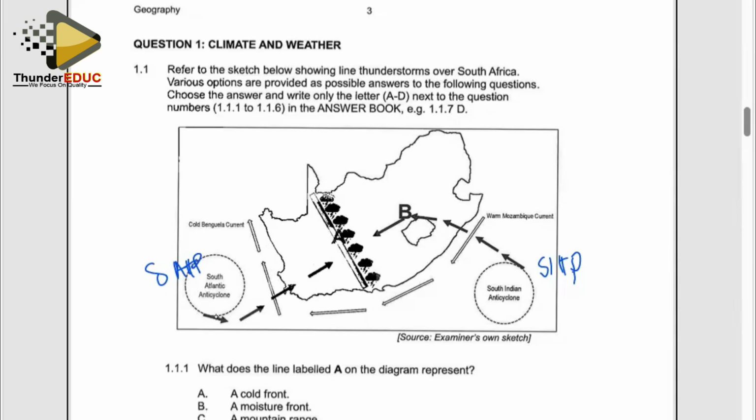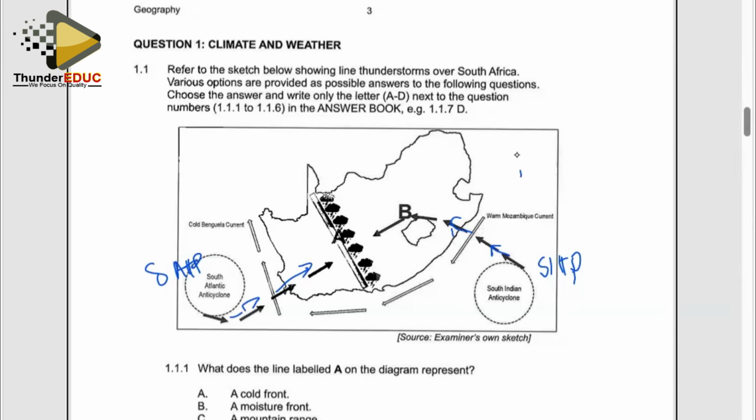So we tend to have air being driven out of the South Atlantic high and fed into the interior, like what is indicated by these arrows. And again, we have another anti-clockwise circulation from the South Indian high pressure, which is feeding air into the interior here. So we need to analyze the two extreme oceans that we have.